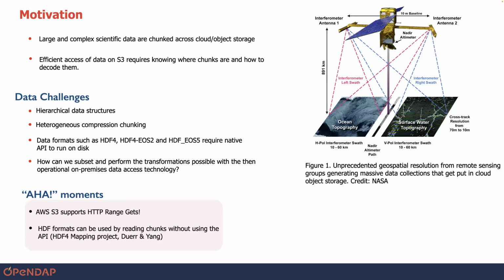So the problem we have is that we want to be able to move these to a data storage system that is not a random access file system, and we still want to be able to access them in a relatively performant way. For me and for the people at OPeNDAP, the aha moment was that Amazon's S3, which is the web object store that NASA is using, and NOAA as well, and a bunch of others, supports HTTP range gets.